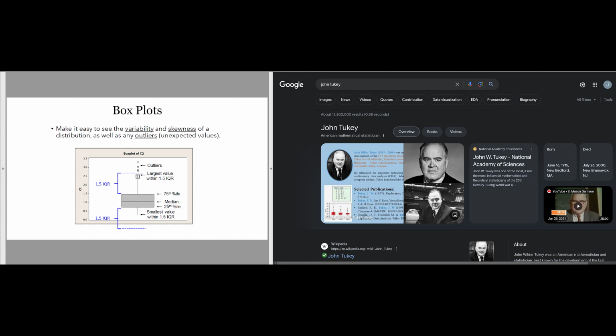Now, there may actually not be any data at the location of those fences. So what we will do to represent the so-called whiskers is to pull back that upper fence until we encounter an actual data point. Okay, and that actual data point will be the upper end of our so-called whisker.